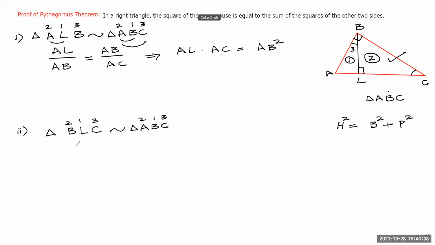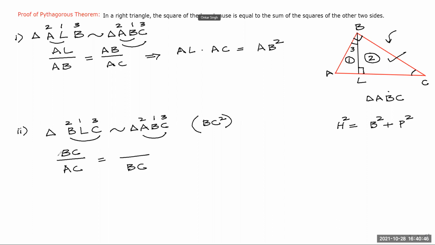Am I right? Now what is your aim? I got AB square, now I want BC square. So you do something so that you get BC square from here. I can write BC divided by AC, which is 1 and 3 of triangle ABC, is equal to, and now I should get BC here, correct?